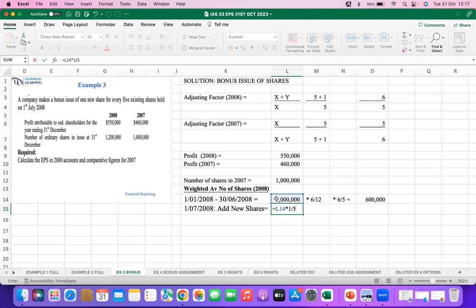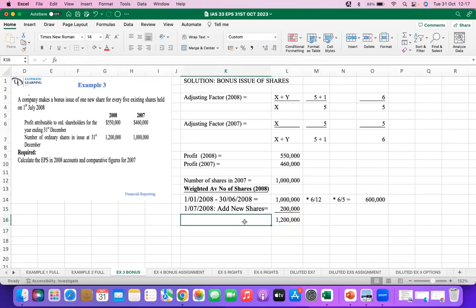So the current number of shares, 1 million shares times 1/5, gives us 200,000. So what is the total number of shares after the bonus issue of 200,000 shares? We have a total of 1.2 million.